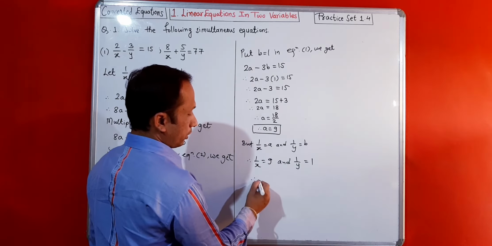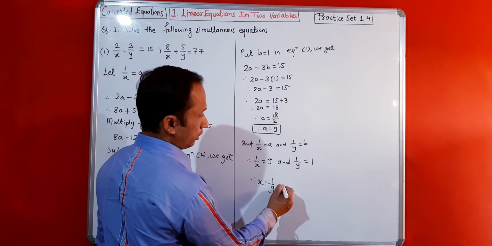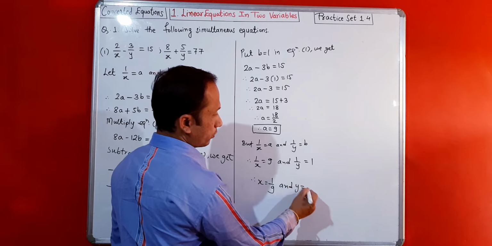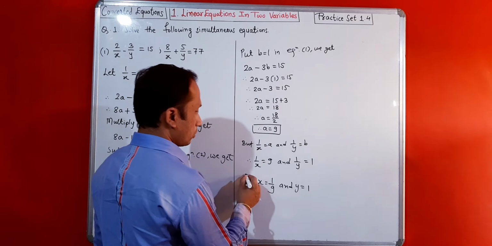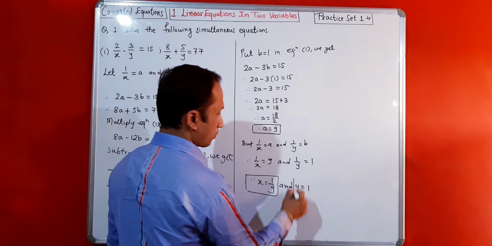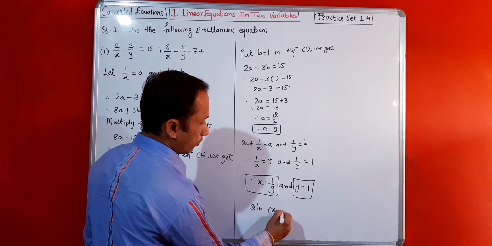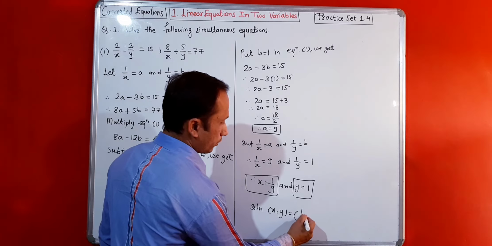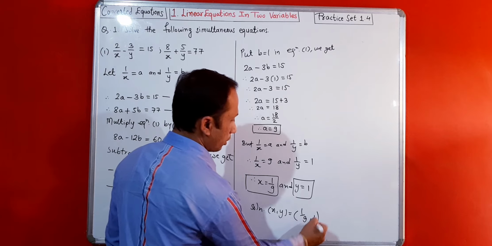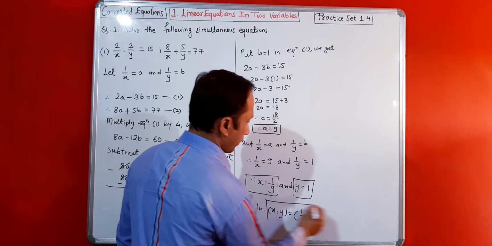Therefore x is equal to 1 upon 9 and y is equal to 1. So this is our final solution. The solution x comma y is 1 upon 9 comma 1.